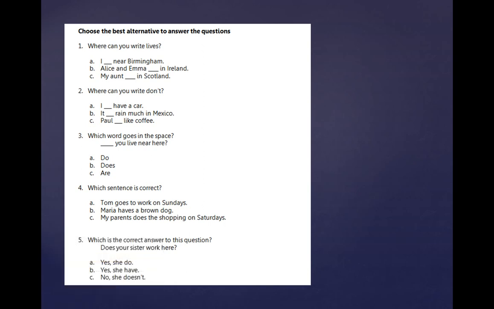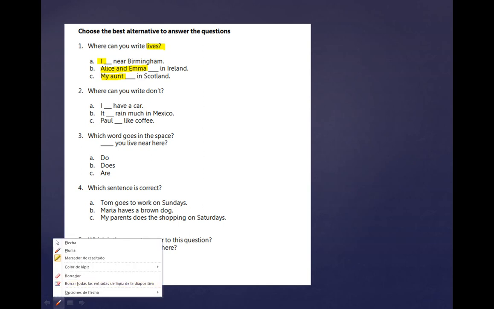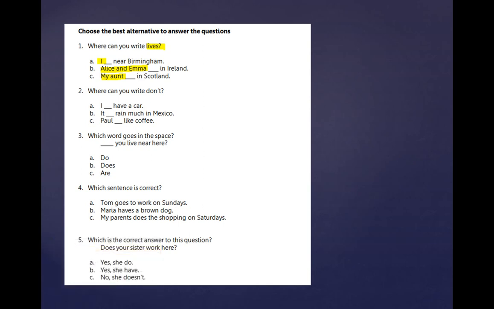The subject here, I, the subject here, Alice and Emma, and the subject here, my aunt. The verb, lives. Pay attention to this verb. This verb has an S there, yes? So, in which of these 3 options can I write lives?